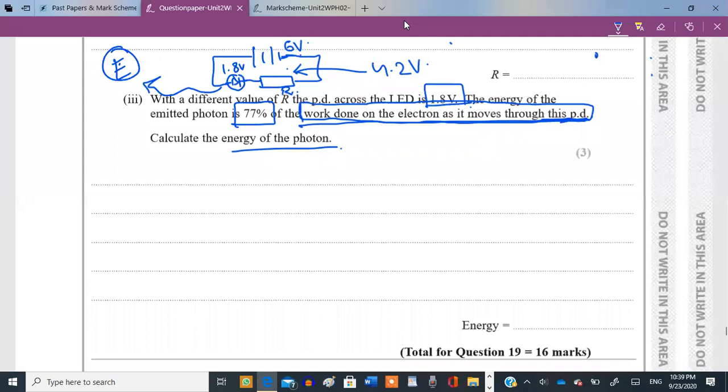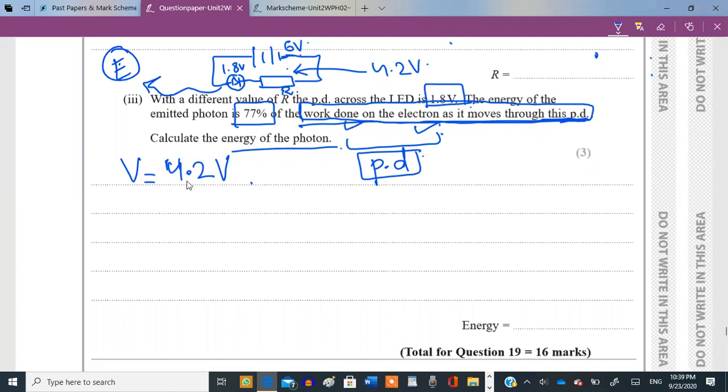Now, if you remember from theory, the work done per unit charge is actually the definition of potential difference, right? Which is actually the definition of voltage. The voltage across this resistor is 4.2 volts. They're telling us that the energy of the emitted photon is 77% of this work done.